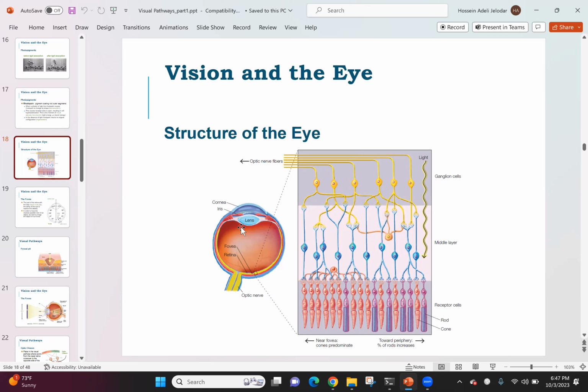You have three pigments. You need three in order to have color vision. You need three elementary colors. It could be blue, red, green, for example, right? It could be cyan, magenta, or yellow. It has to cover the spectrum, and with combining those three, you could get color vision.